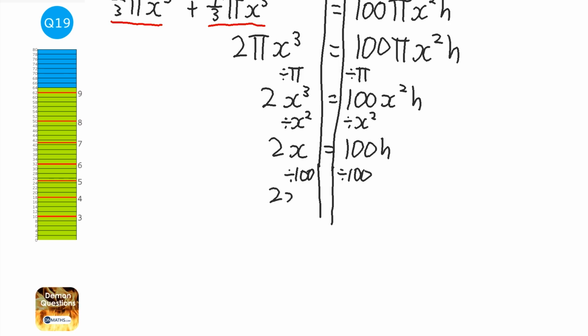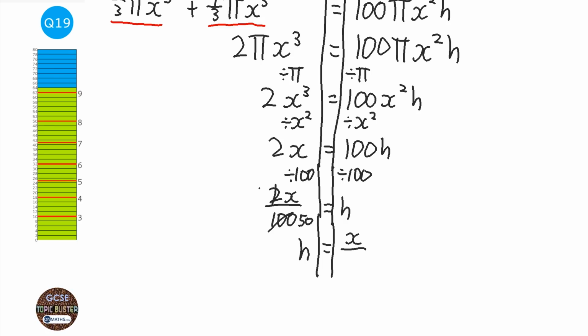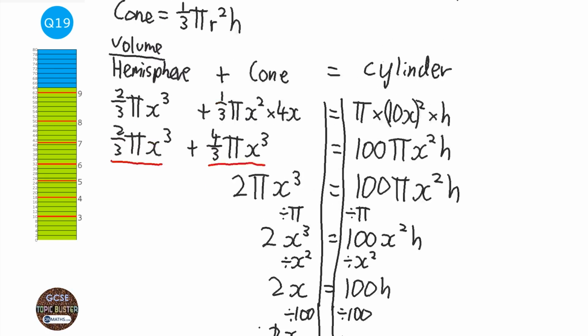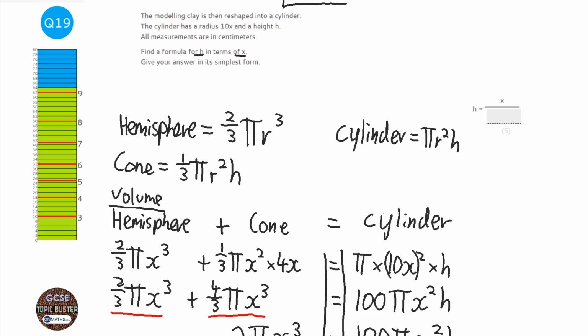And that's going to be 2x over 100 equals h, or h equals, and we can cancel the 2 and the 100, we can divide them both by 2, equals x over 50. So our answer is h equals x over 50.